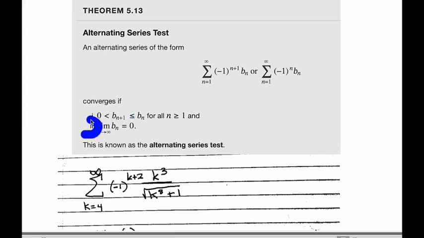The second condition that needs to be met is that the limit of that sequence, so that's the part without the -1. So we're looking at the absolute value of this expression. When we look at just the bk term, if we take the limit as k goes to infinity, we're checking to see if that goes to 0. So these are the two conditions that we need to check.